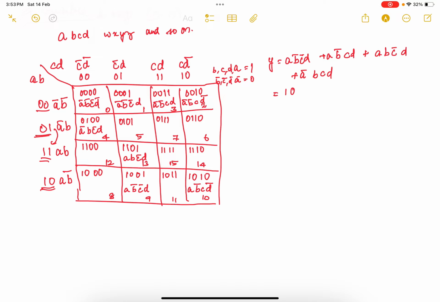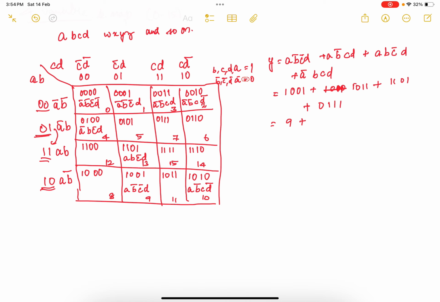This is nothing but 1 0 0 1 plus 1 0 0 0, no, 1 0 1 1, sorry, 1 0 1 1, plus 1 1 0 1 plus 0 1 1 1. So the equivalent is what? This is 9, and this equivalent is in 8 4 2 1 code. That way we are writing 1 0 1 1.